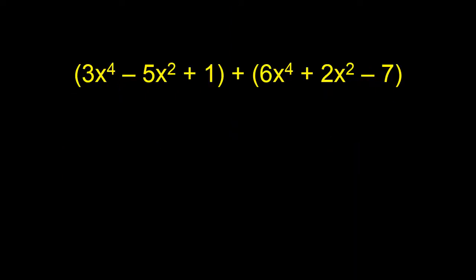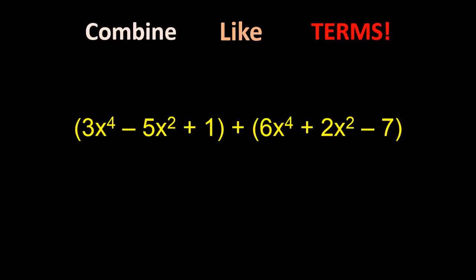Now let's take a look at this example where we have to add a polynomial to another polynomial. We have 3x to the fourth minus 5x squared plus 1 added to 6x to the fourth plus 2x squared minus 7. And we said the key to add polynomials is to look for like terms and combine them.